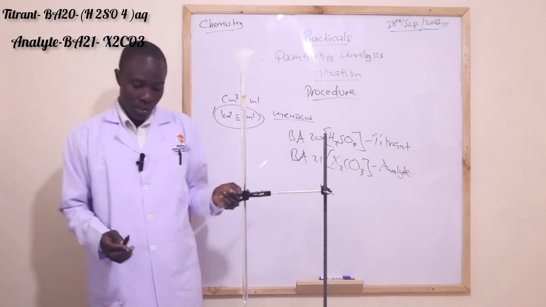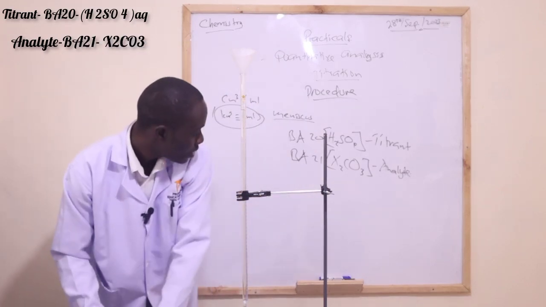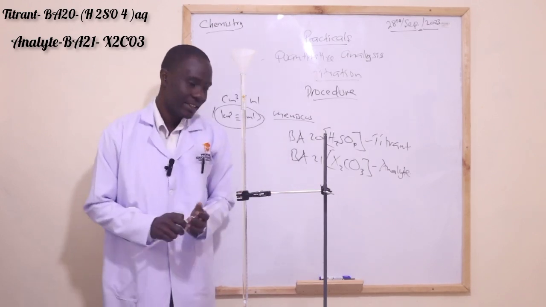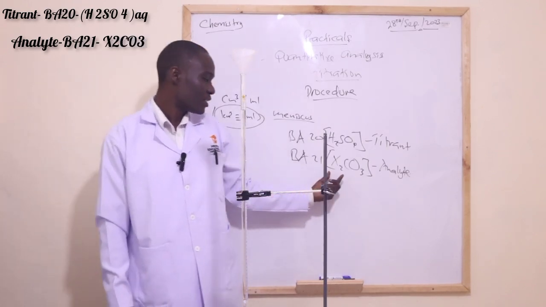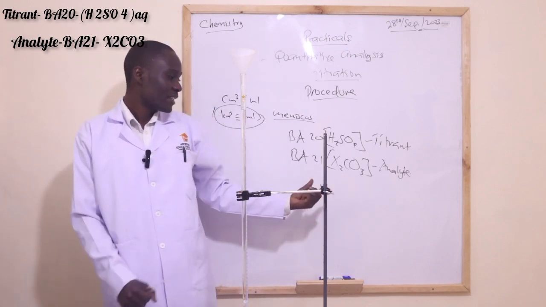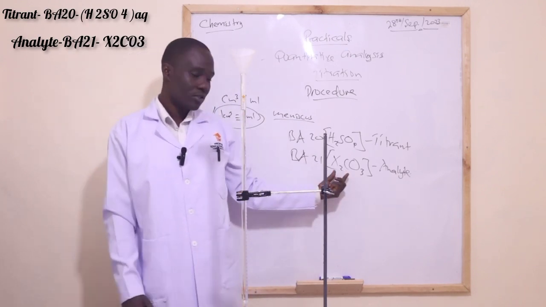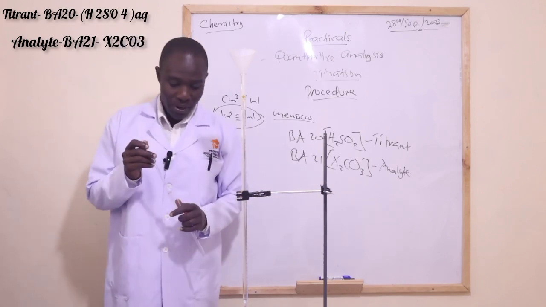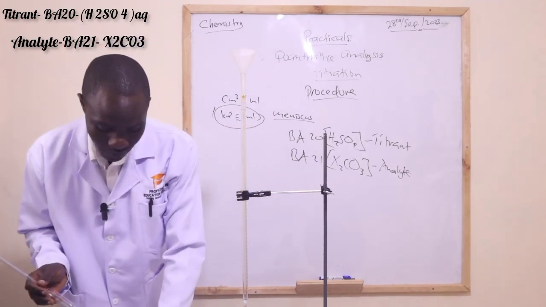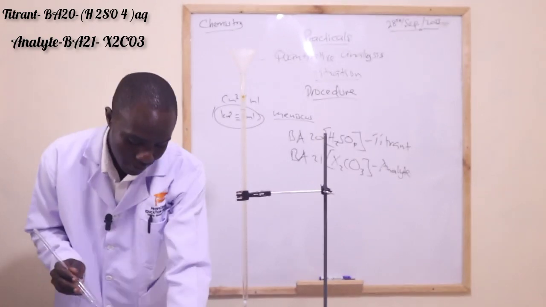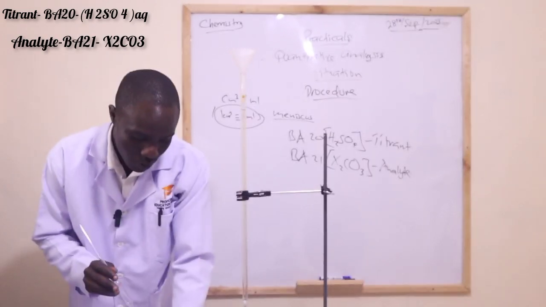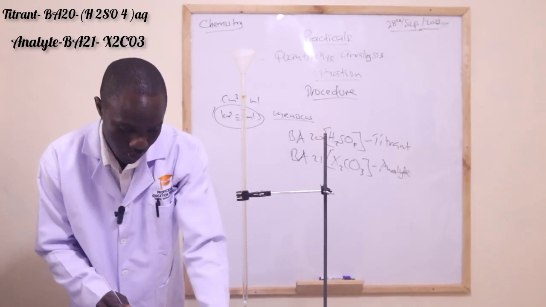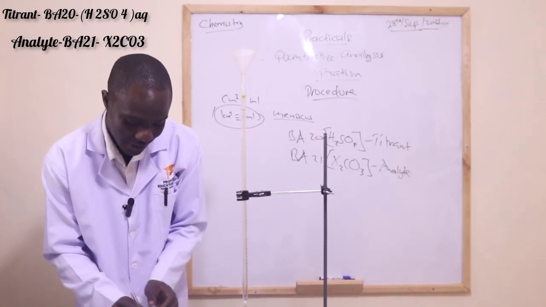Now, using the analyte that is a soluble carbonate salt of X, we pipette it with the pipette, then we transfer it onto the conical flask.